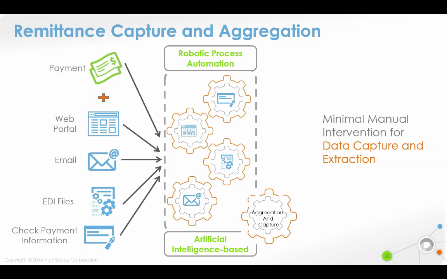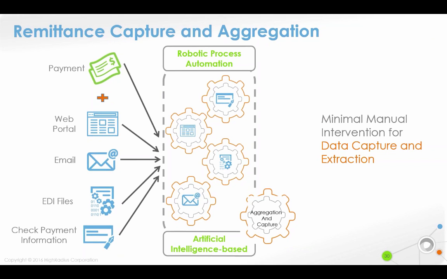As it recognizes patterns in the emails coming in, and patterns in the EDI files, and where things reside in the web portals, it gets smarter. It applies that information and learns over time. So you'll have minimal manual intervention for this data capture and the extraction of that data.